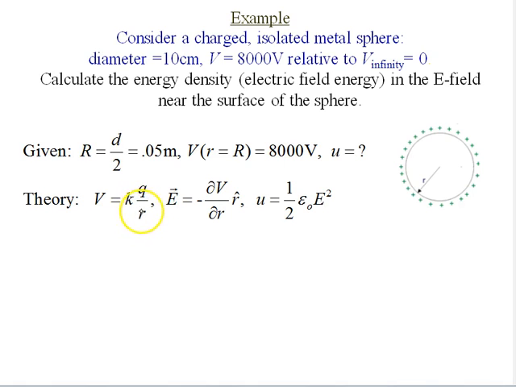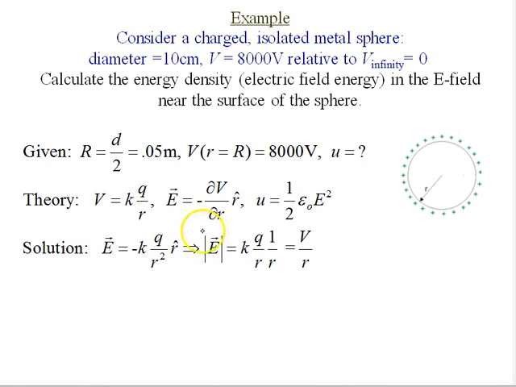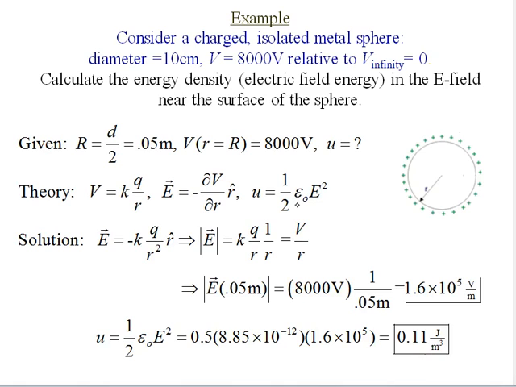We need our theory for electric potential. We can use that theory for a point charge, right? We can use our shell theorem. It will be the same, kQ over R. Our electric field in the radial dimension is dV dr. And we have our theory for energy density that we just looked at, 1/2 epsilon naught E squared. If we substitute in, the magnitude of the electric field is kQ over R times 1 over R, well, that's our V over R. So it looks like the uniform electric field a little bit, huh?